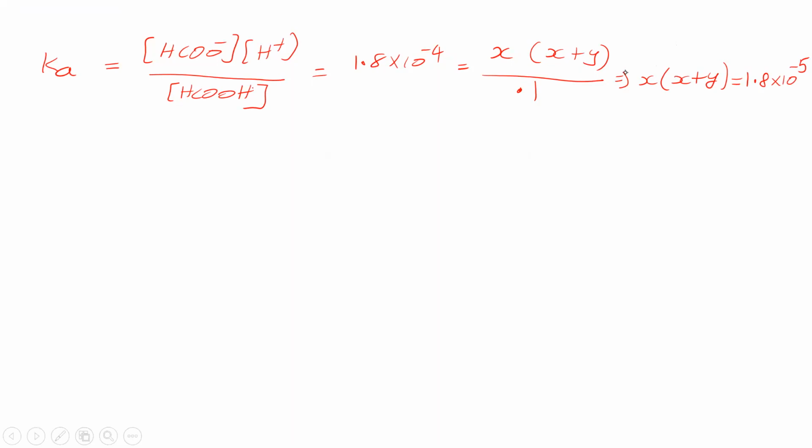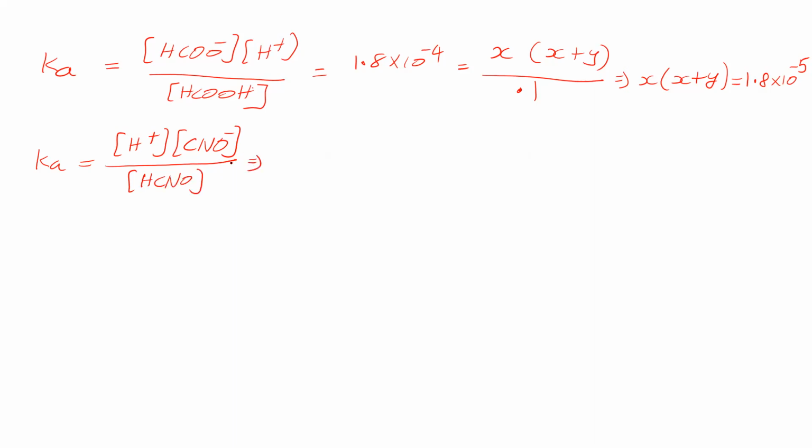Next, we go for the cyanic acid equilibrium constant. Ka is equal to H plus concentration into cyanate concentration divided by cyanic acid HCNO concentration.